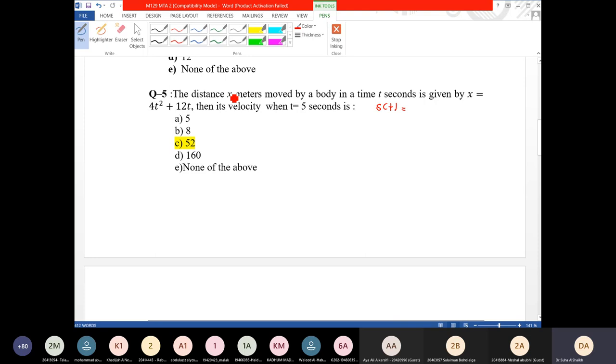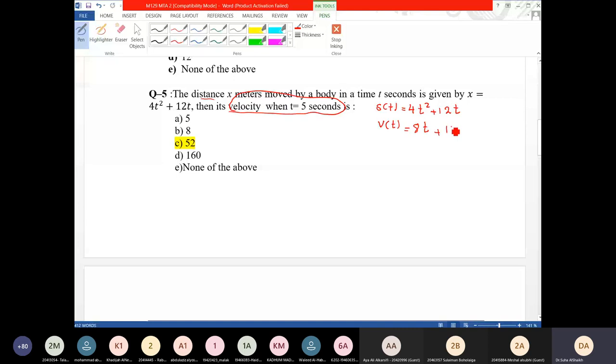It's given by 4 t squared plus 12 t. What's the question? The velocity when t is equal to 5 seconds. This is easy, right? Direct. I want the velocity when t is equal to 5. So I find the velocity from here. The velocity is actually 8t plus 12, which is the derivative of s.